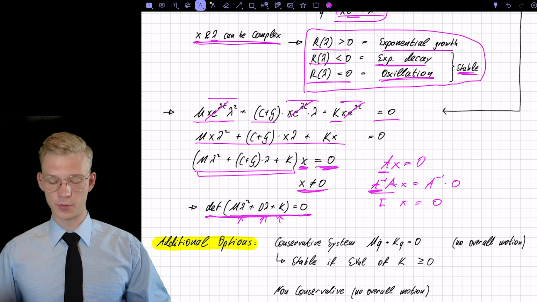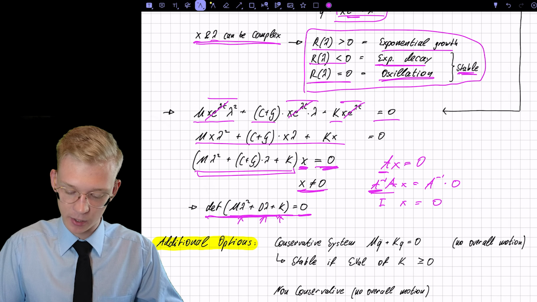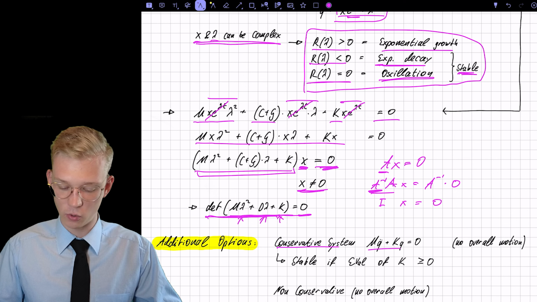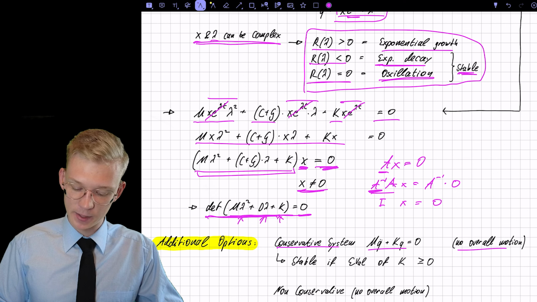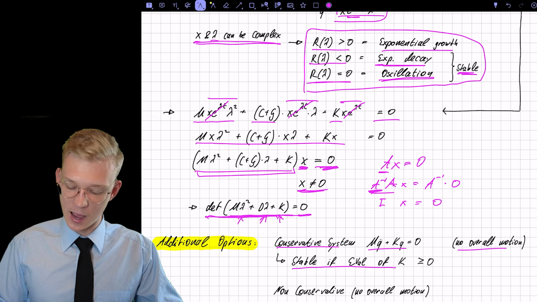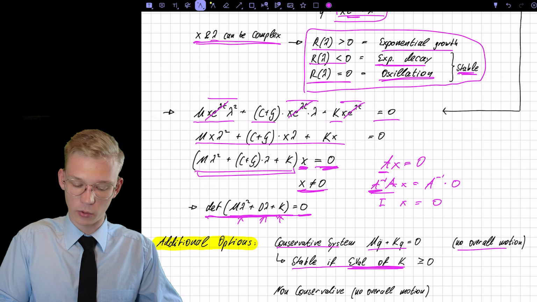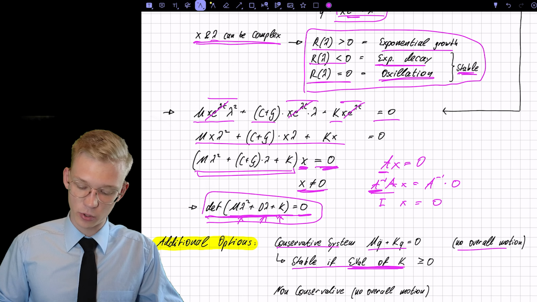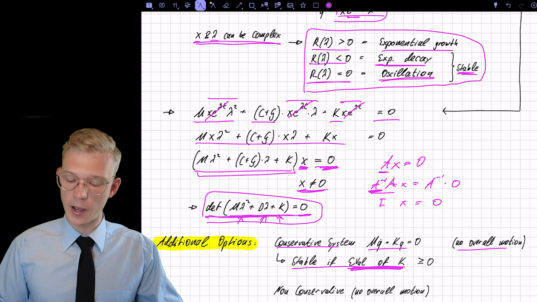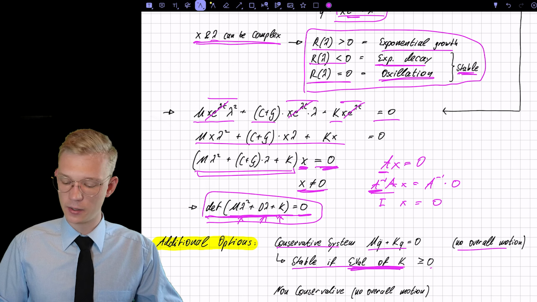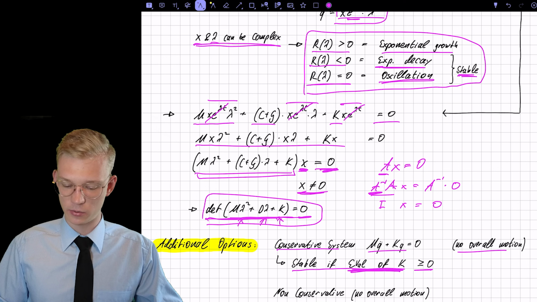There are some other options. For example, if we have a conservative system with no damping matrix and no overall motion, the system is stable if the eigenvalues of K, so we don't have to look at this eigenvalue problem, we only have to look at the eigenvalues of K, are larger than or equal to 0.